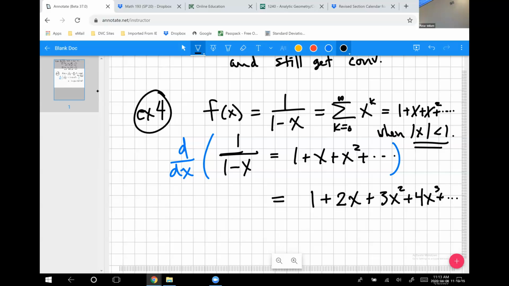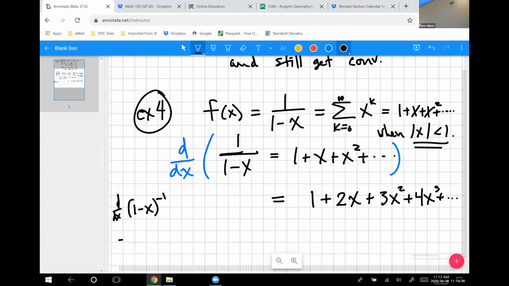And on the left side, how would I differentiate this? Well, if you take the derivative of this, basically you would use the chain rule. I would look at this as being 1 minus x to the -1 power, which I'm differentiating.